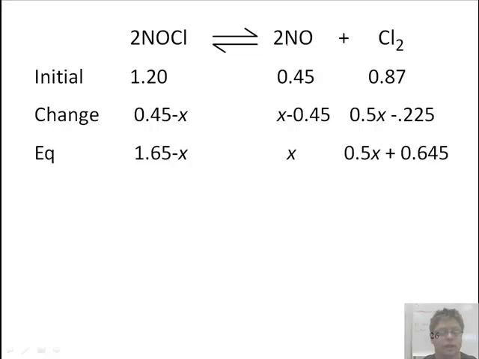And we get here our 1.65 minus x and our 0.545. So this gives us, at equilibrium, we've got our x here to start with. It depends on how much it changes here.